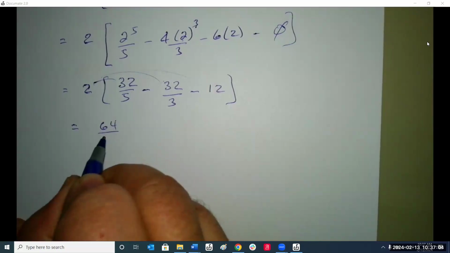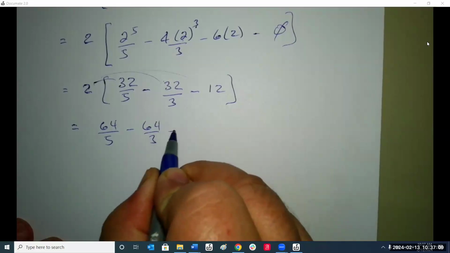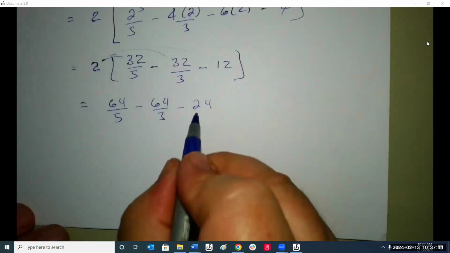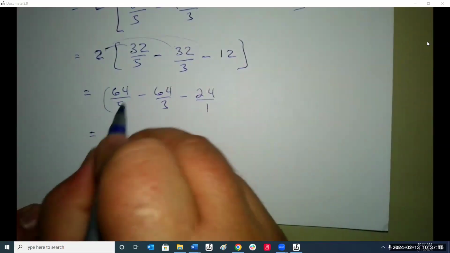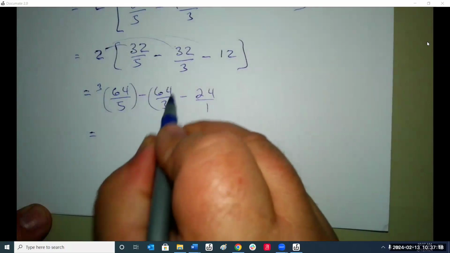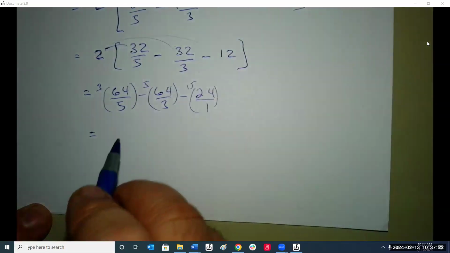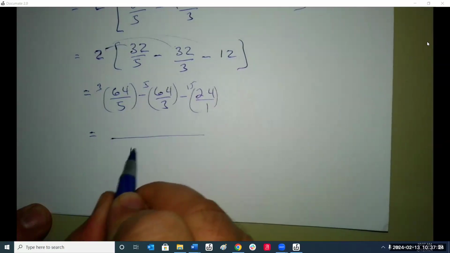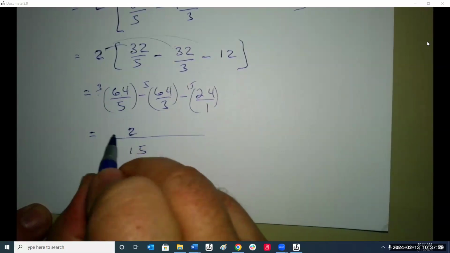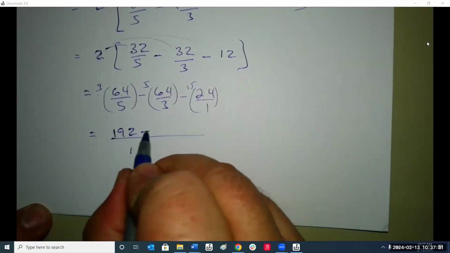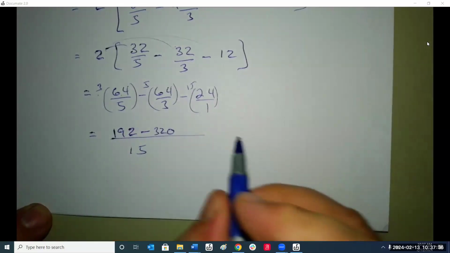That's 64 over 5 minus 64 over 3 minus 24 over 1. LCD is 15. Multiply that by 3, by 5, and by 15. 64 times 3, 192. 5 times 64, 320.